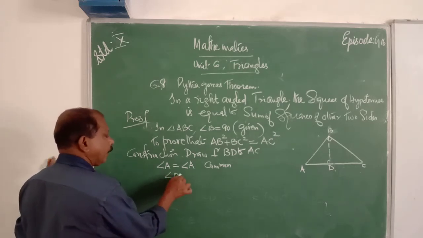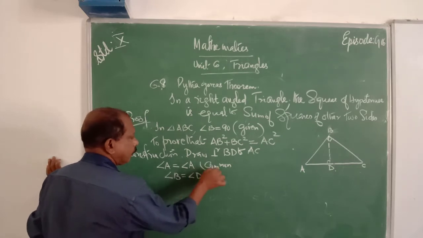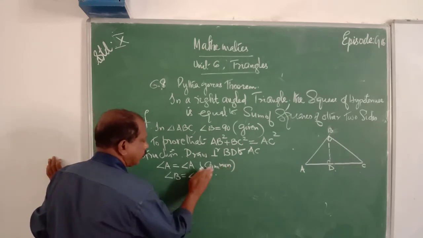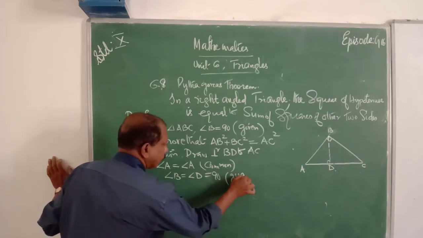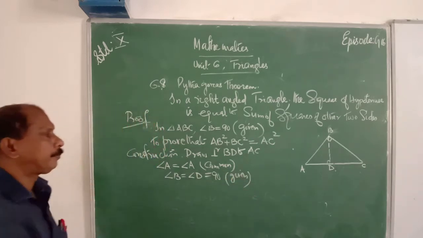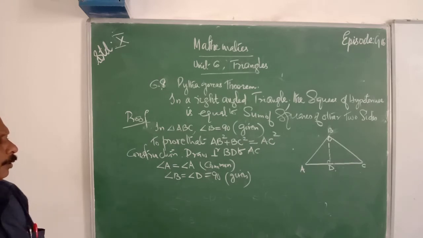Angle B is equal to angle D, that is 90 degrees, given.